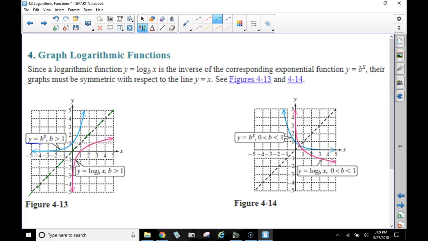Now, here's an example again, but this time our exponential function is a decreasing exponential function here in blue because that base is in between 0 and 1. And so its inverse, symmetric about that line y equals x, is going to look a little something like that pink one. It's going to be a decreasing logarithmic function. Again, domains and ranges are swapped around from a function to its inverse.